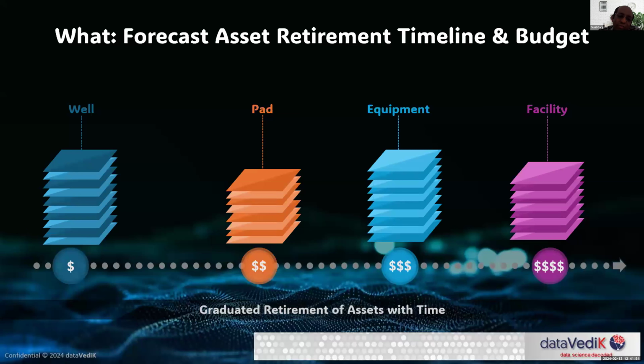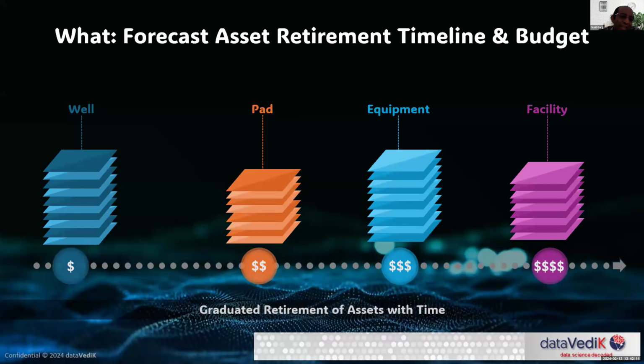Overall, when we look at the abandonment budget, the very first thing that we look at is a graduated retirement of assets with time. This is roughly how the timeline looks. At some point, based on the various factors that we will talk about, you decide to abandon a well.